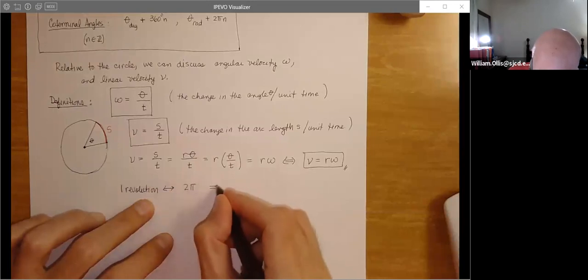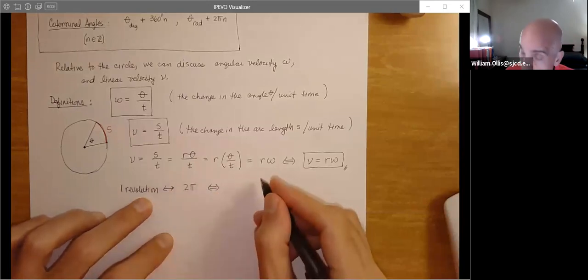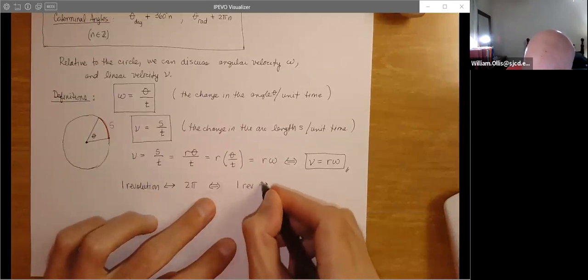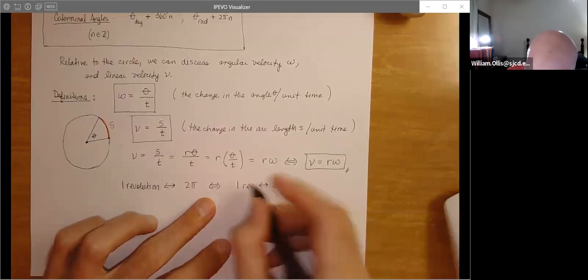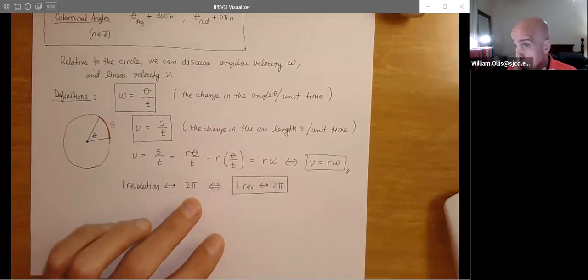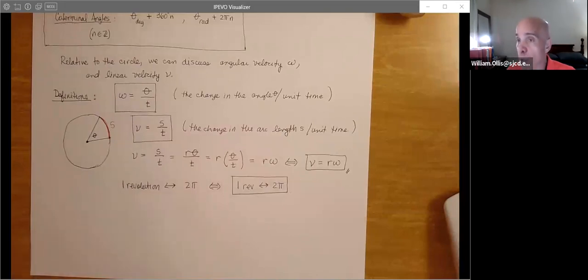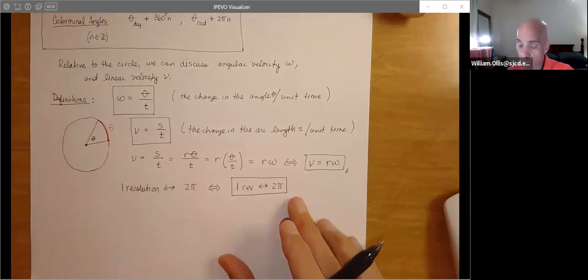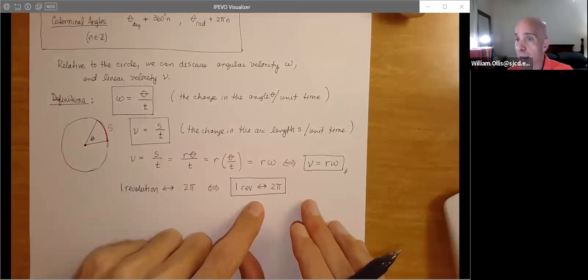So sometimes what we do is use the abbreviation and we say 1 rev corresponds to 2 pi. So if you're given a problem where you have a wheel that rotates at a particular number of revolutions per second or per minute, then in order to convert to the actual distance traveled by, say, a point on the tip of the wheel, like right here, then we would need to use this conversion factor.